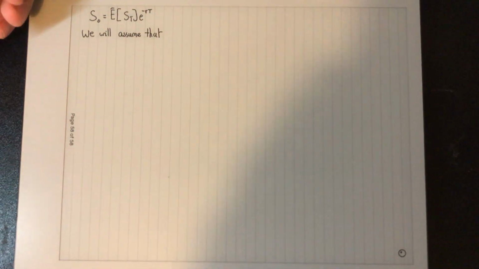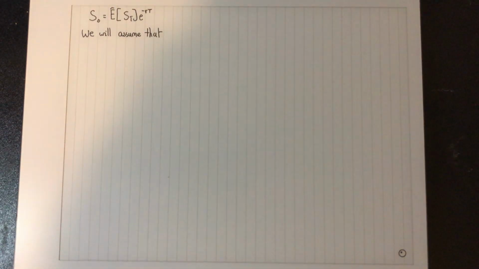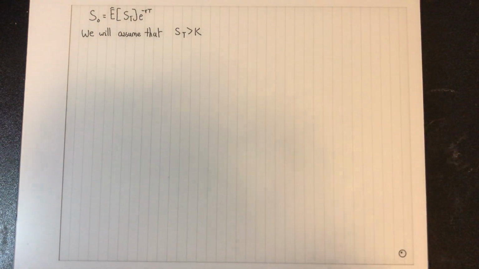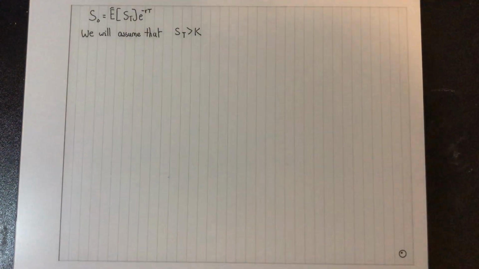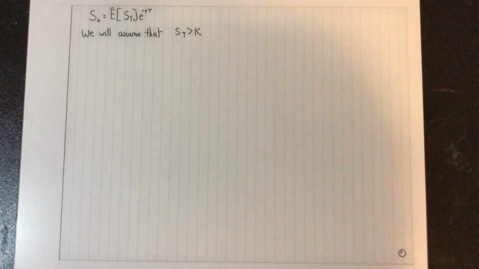So we will assume, first of all, that the call option in the upward and downward states has a value greater than 0. Or in other words, ST is greater than the strike price, so that the call has an actual value greater than 0.